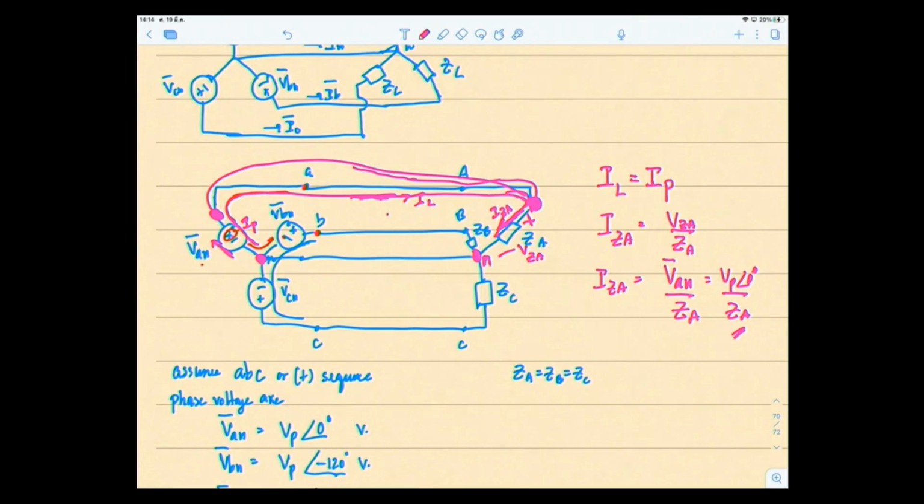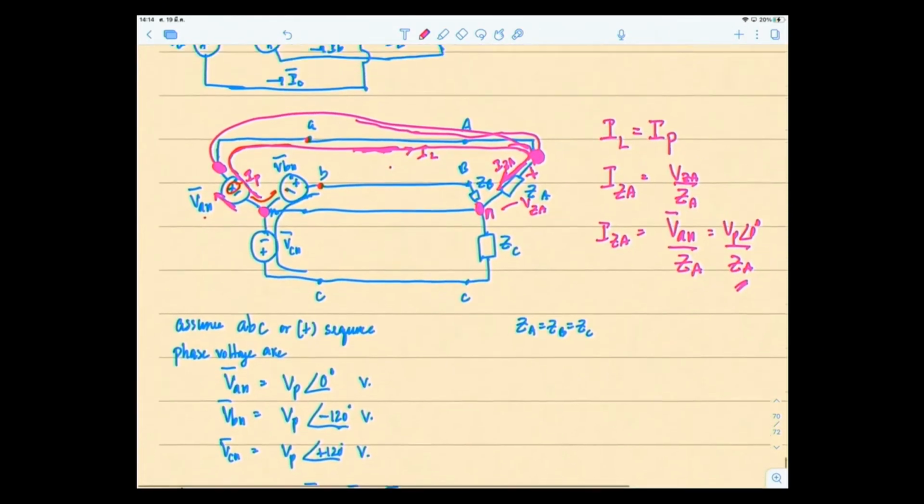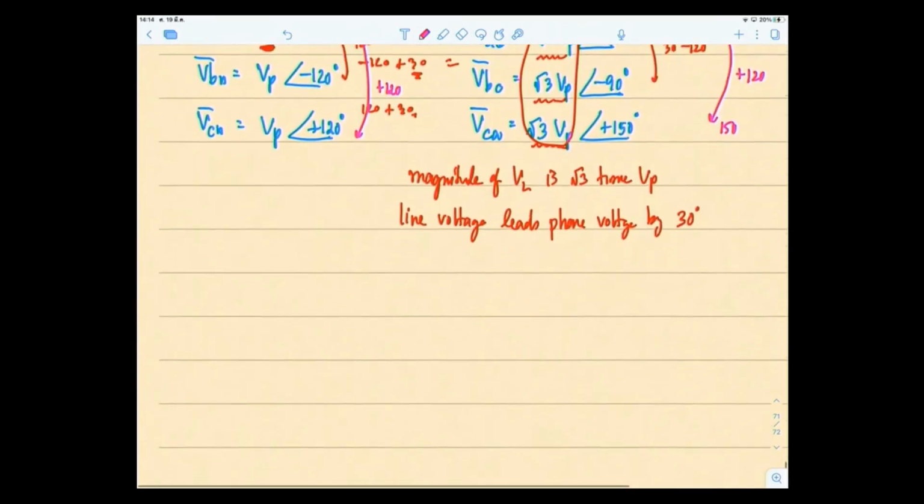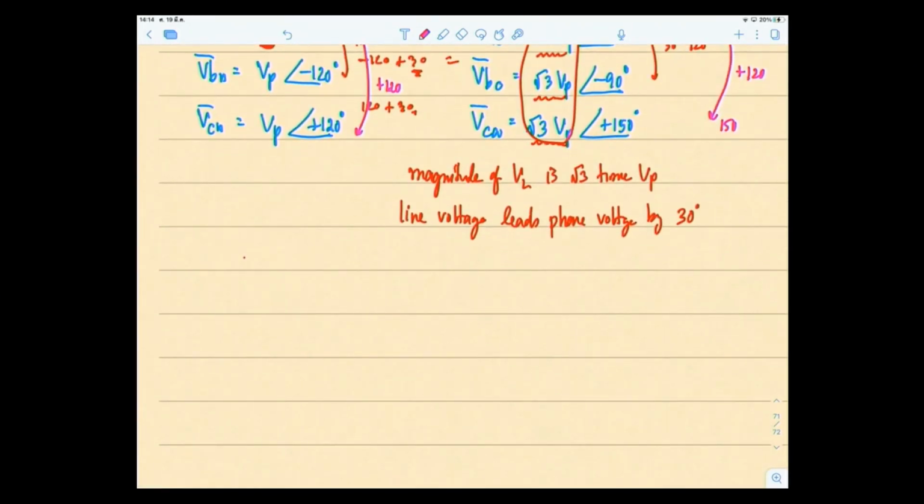Therefore, I line AA from point A is simply equal to VAN over ZA, and I line BB is simply VBN over ZB, and I line CC is equal to VCN over ZC.